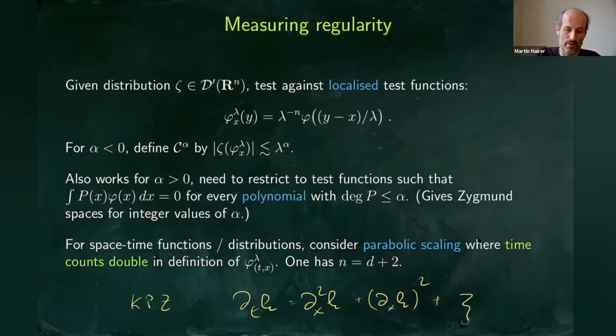And so this is sort of identically infinite in some sense. So you want to still find some natural definition of that square, which also makes physical sense. And so you can ask yourself, when can you actually multiply distributions?